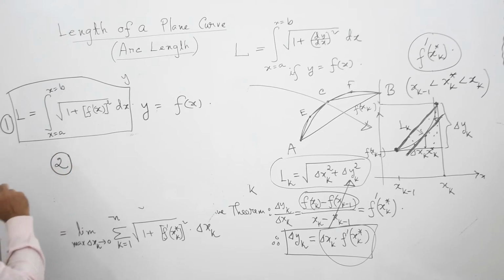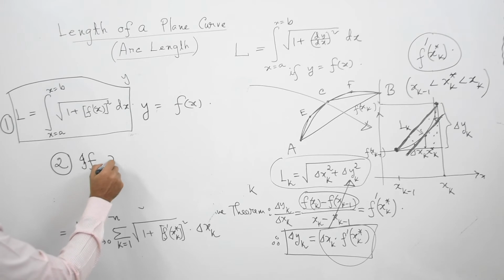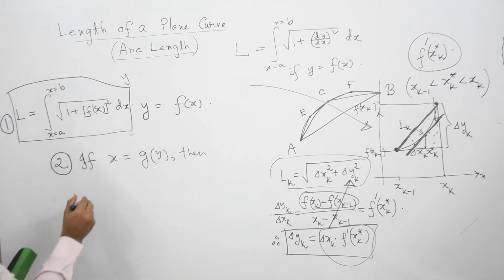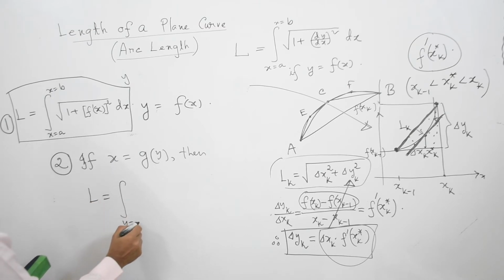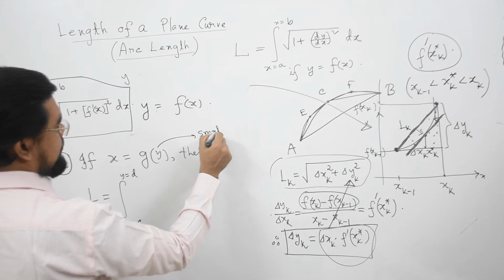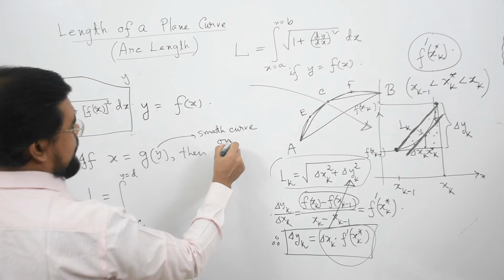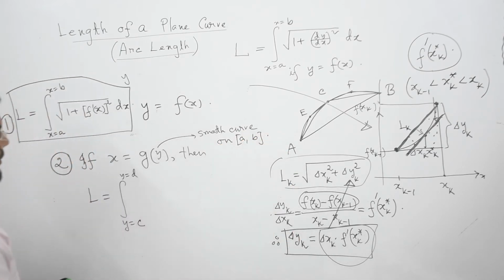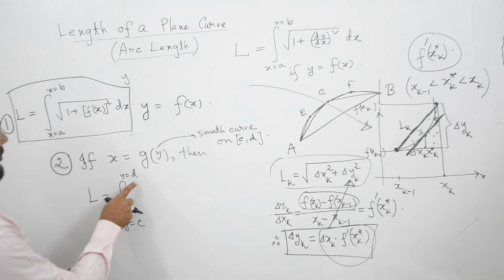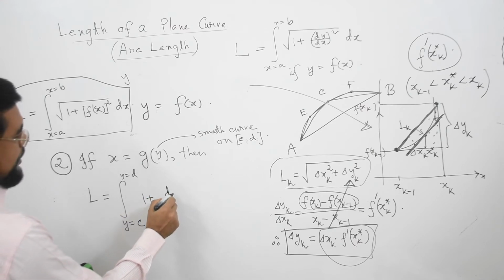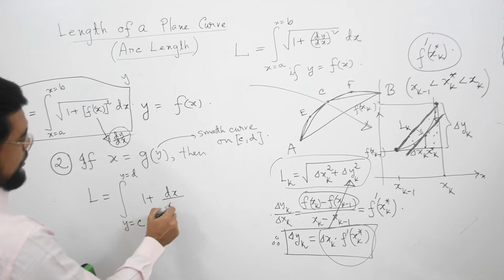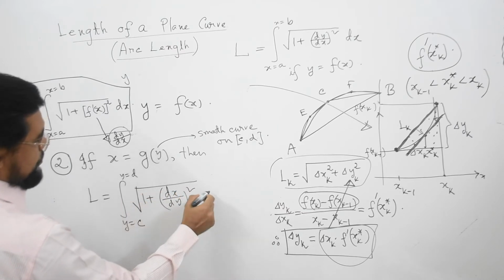And there is another formula if your curve is, let's say, x equal to g(y). If g(y) is a smooth curve on the interval c to d, then the arc length formula will be with respect to y, from y equal to c to y equal to d, of square root of 1 plus dx/dy whole square dy.